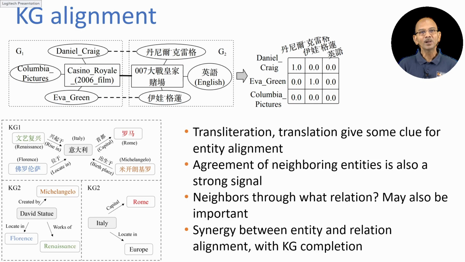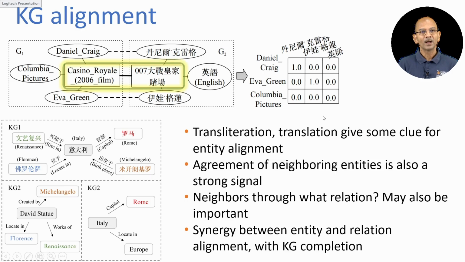However, for a fully informed judgment of entity to entity alignment, it also helps to note what their neighboring entities are and how they are connected, with what relationship they are connected. And that is also shown in these simplified diagrams.